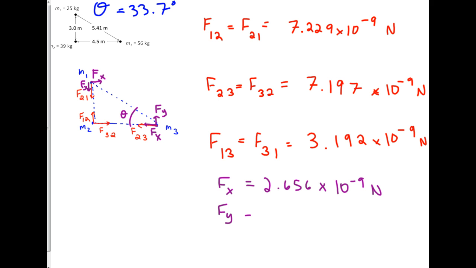Now, Fy, we said, was the hypotenuse, which is 3.192 times 10 to the negative 9 times the sine of 33.7, like so. So I can go back into my calculator, and I can say times the sine of 33.7 now. And what I get for Fy is 1.771 times 10 to the negative 9.